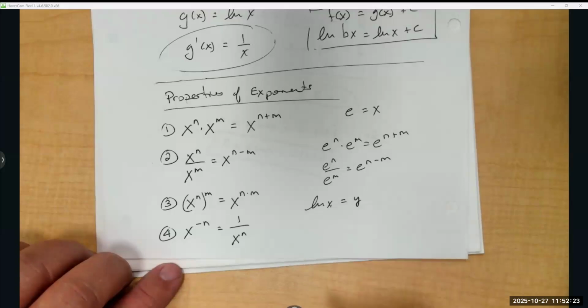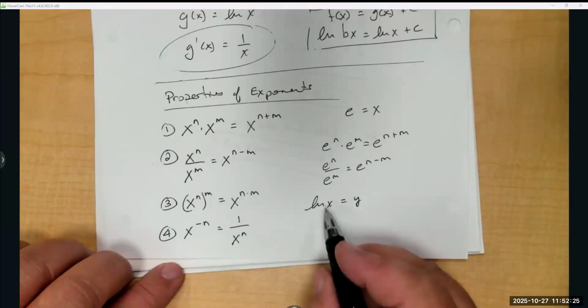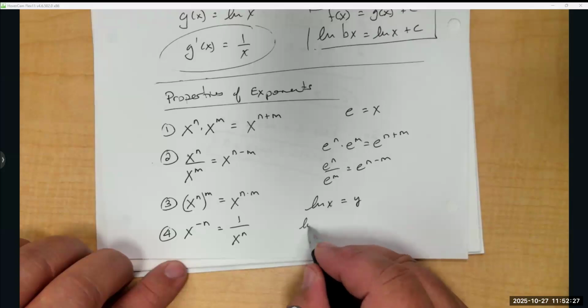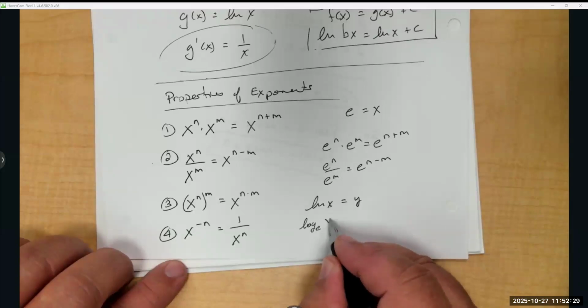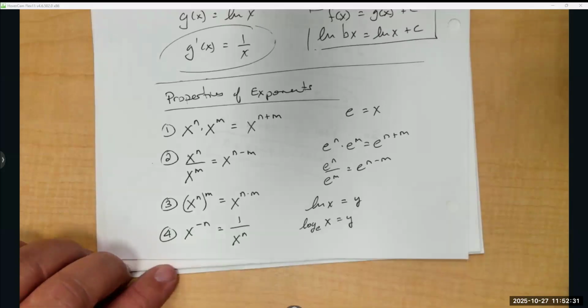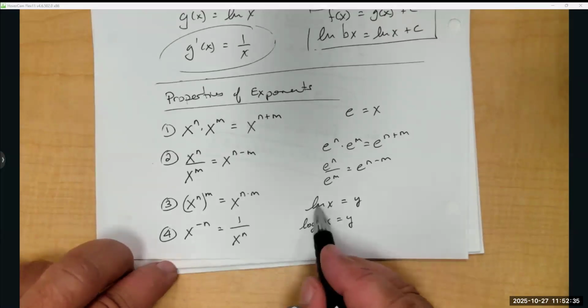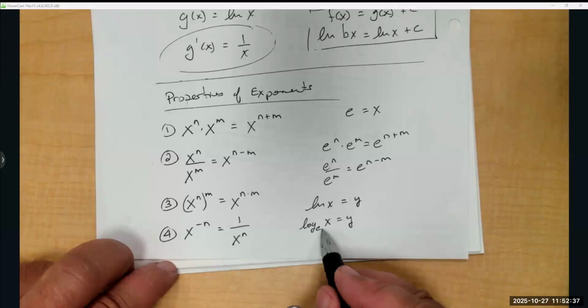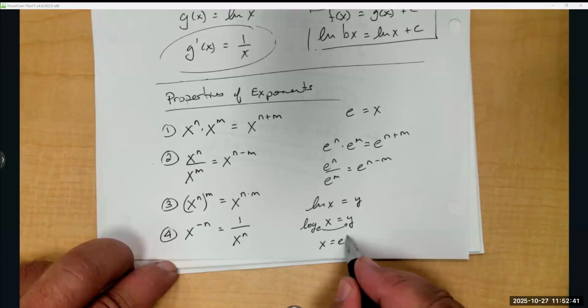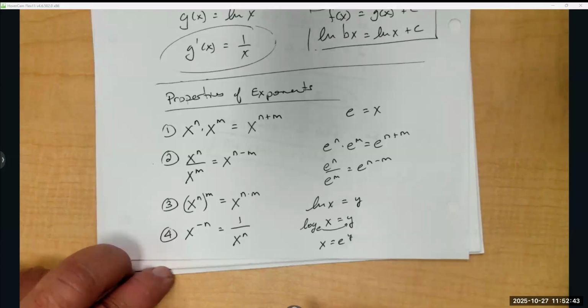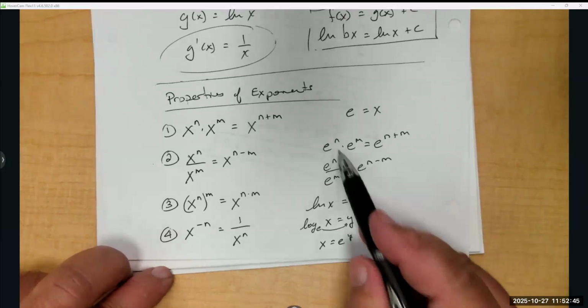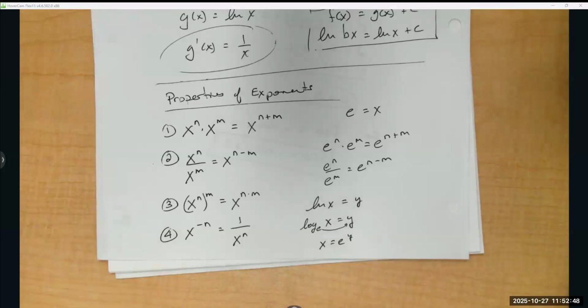So what does x equal? ln is log base e. That's where ln comes from. Take the base, move it over here, so x is equal to e to the power y. So the inverse of e is ln. So if one of them is continuous, the other is continuous. If one's differentiable, the other one's differentiable.